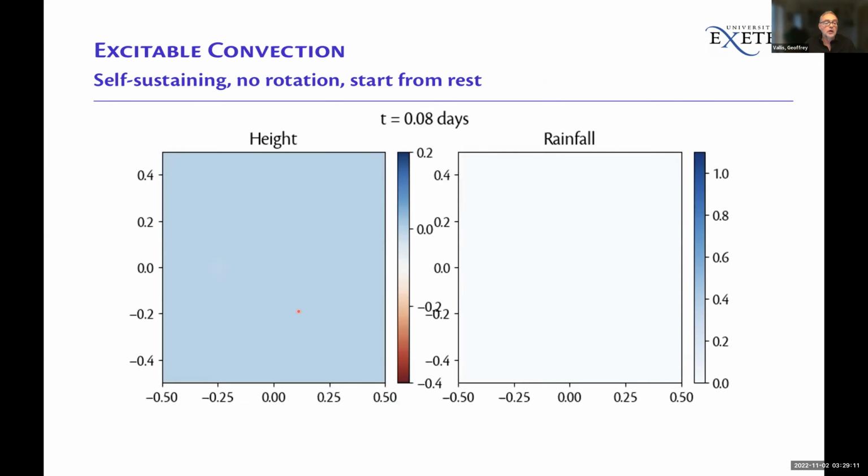I'm going to apply a perturbation here at about x equals minus 0.25, y equals 0. It will rain there. That will provide a perturbation. We'll see a front propagating out from the initial system. That will provide more rain, and the system will become totally self-sustaining. Okay, so let's go.